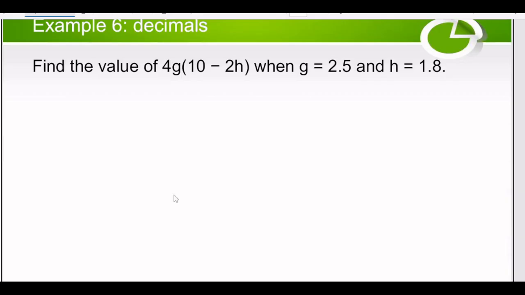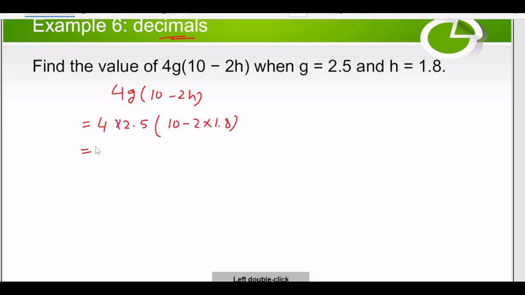So, now here we have one example with a decimal. We have 4g times the expression 10 minus 2h. The value of g is now a decimal: 4 times 2.5, times 10 minus 2h, where h is 1.8. Okay.